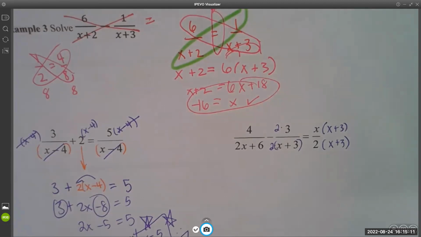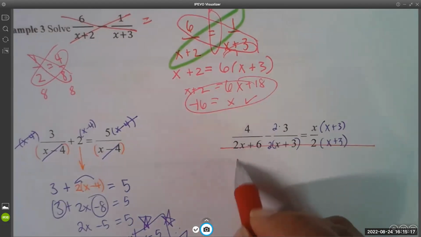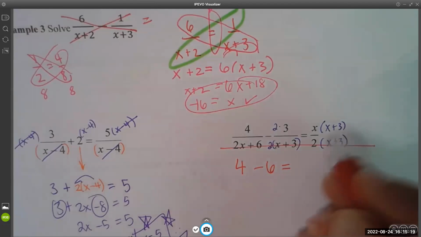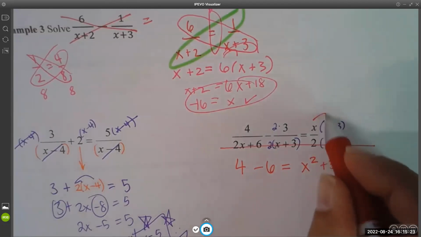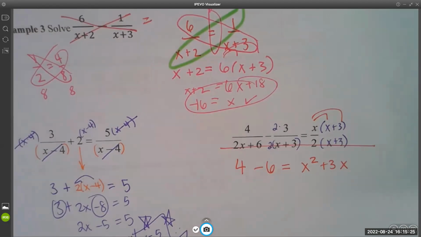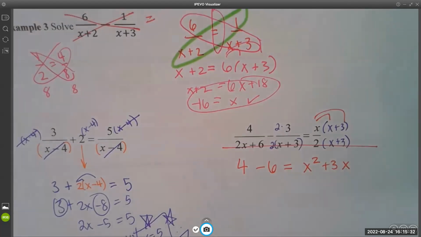Let's do it. So now that I see that all the denominators are the same, I can just ignore the denominators and rewrite a new equation with the numbers that are on top here. X squared plus 3x is what I get when I distribute the x. So I said this will get a little spicy. In this section, P.7, there are also quadratics.